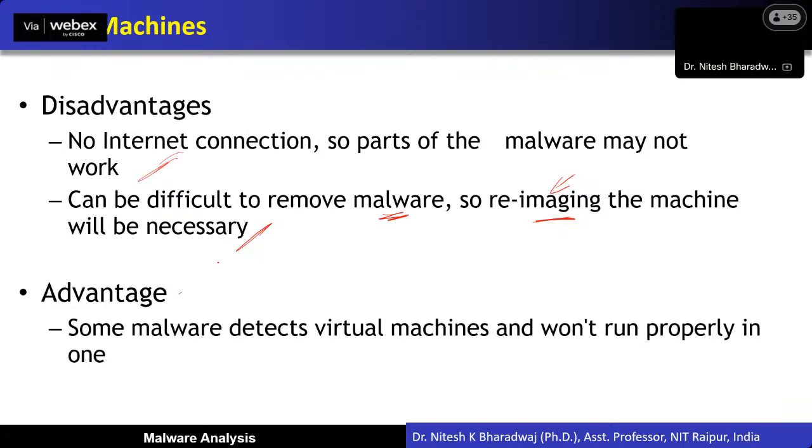Some malware detects virtual machines and won't run properly in one. So we should have the capability to analyze malware in different environments, right from the virtual environment to real-time systems.